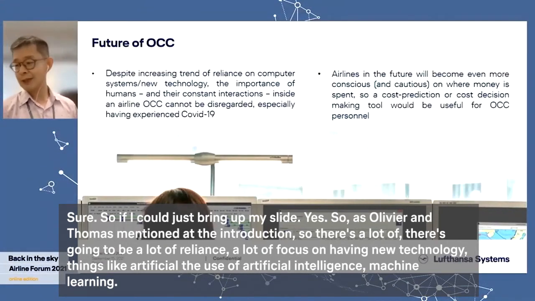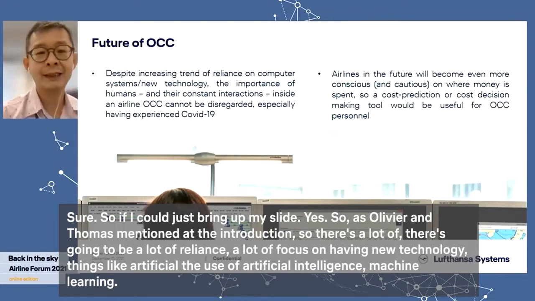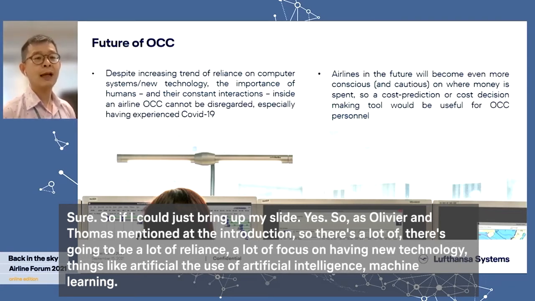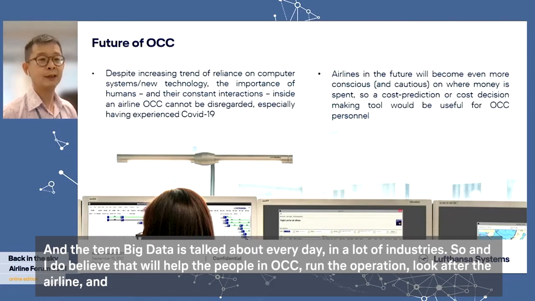Yes. So as Olivier and Thomas mentioned at the introduction, there's going to be a lot of reliance, a lot of focus on having new technology, things like the use of artificial intelligence, machine learning, and the term big data is talked about every day in a lot of industries.